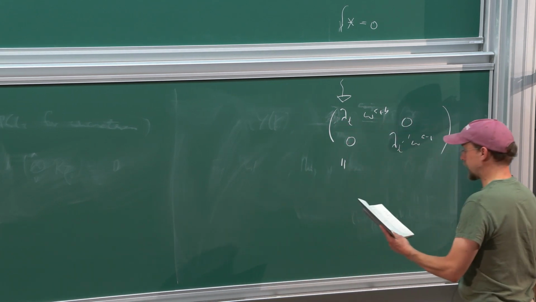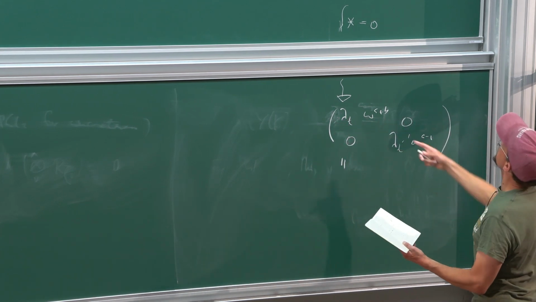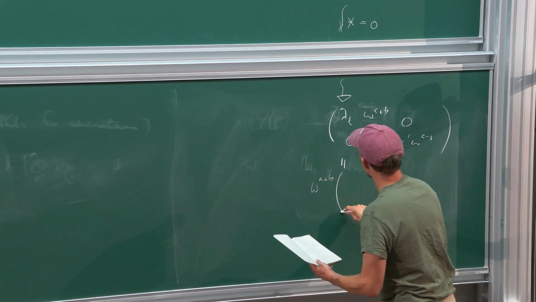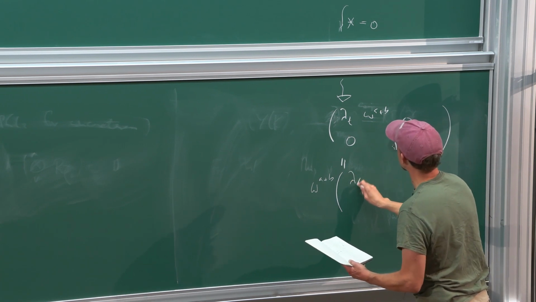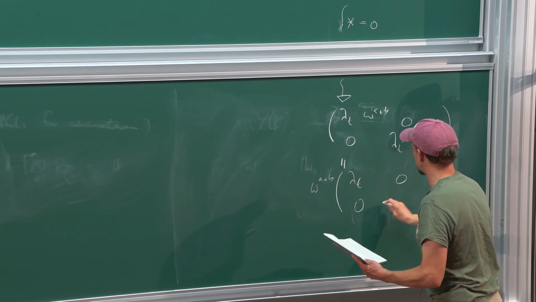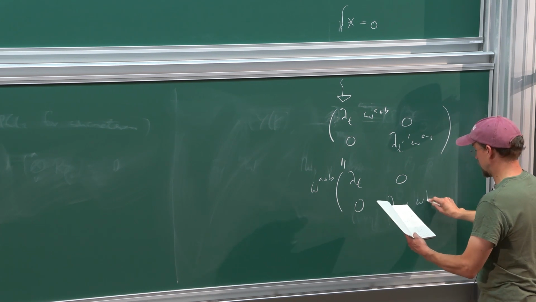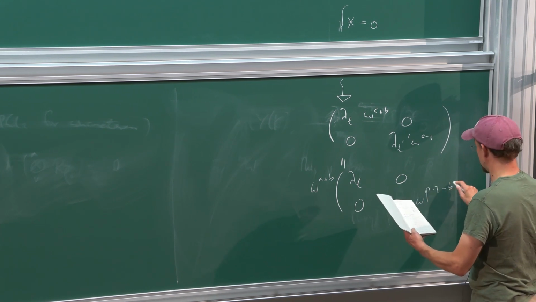And then I can factor it a different way. I can pull out omega to the a plus b, and then I can put lambda t, 0, 0, lambda t inverse, and here I have omega to the p minus 2 minus b.